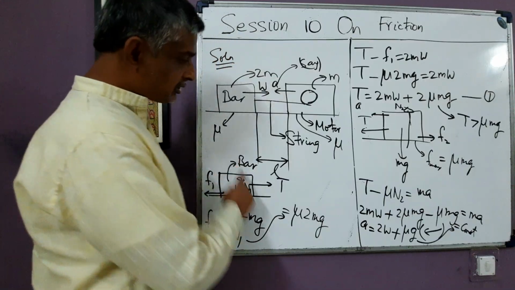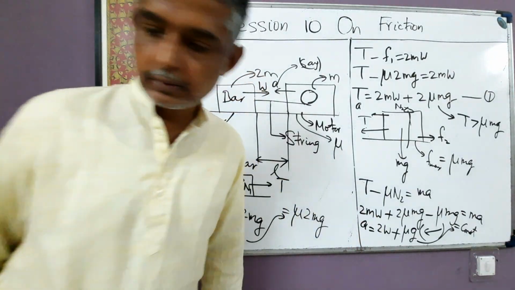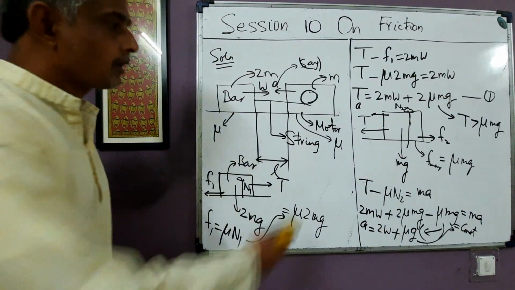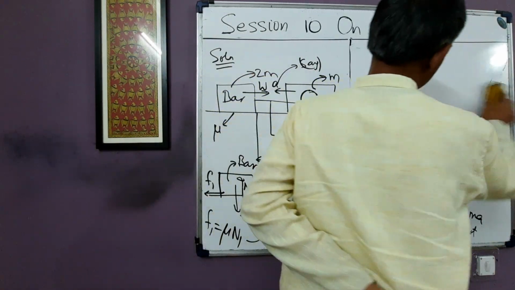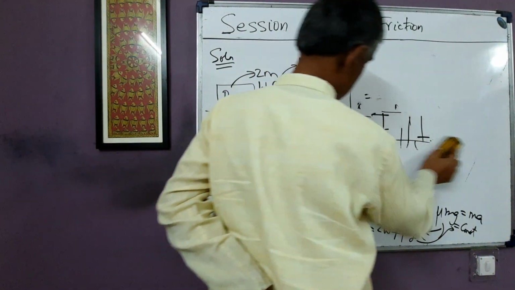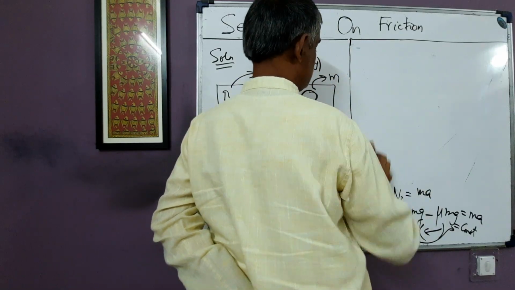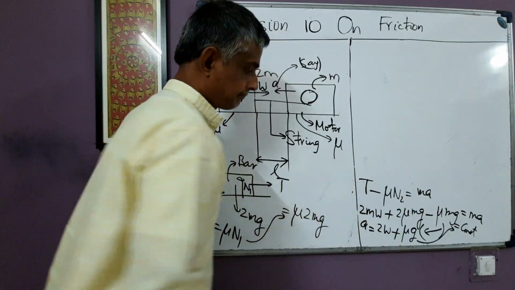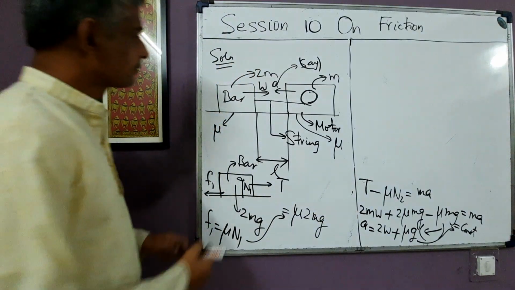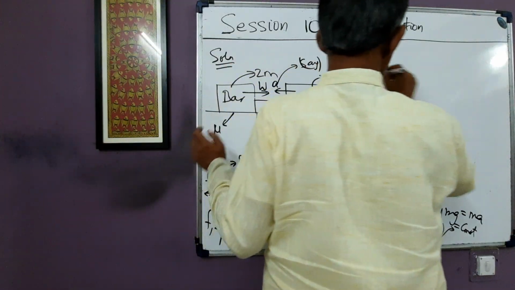Now w is given, and a we have also found out. Now I rub this one. Now see, I draw the diagram again here.